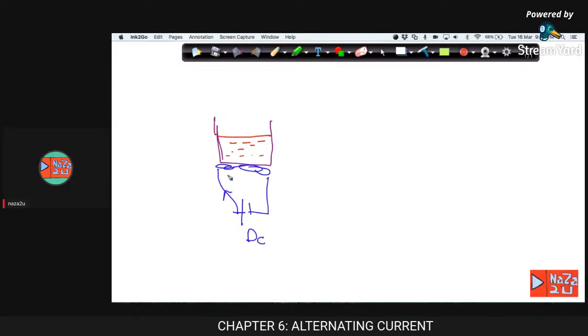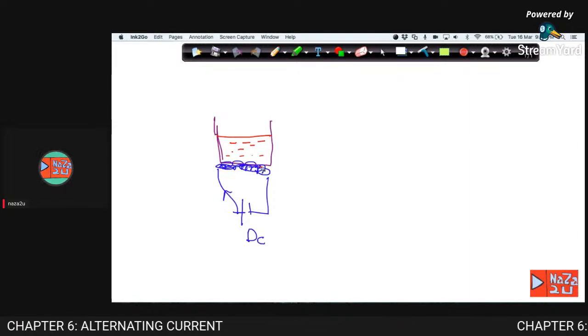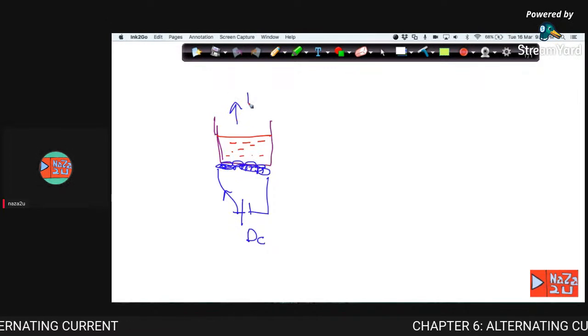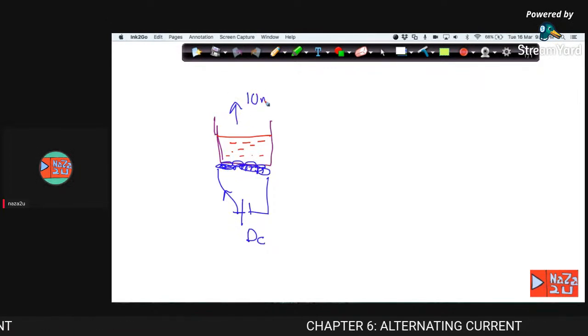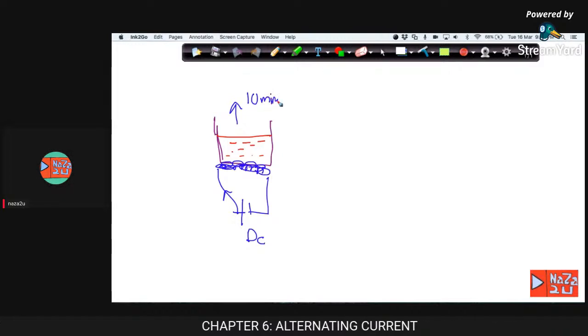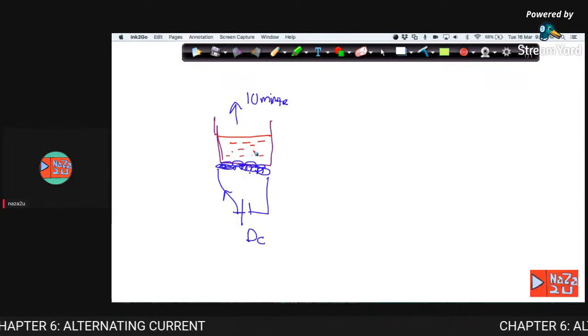So arus mengalir memanaskan filament ini. Filament ini memanaskan air dan air itu mendidih katalah selepas ambil 10 minit. Okey, lepas tu kita panaskan, so air mendidih.